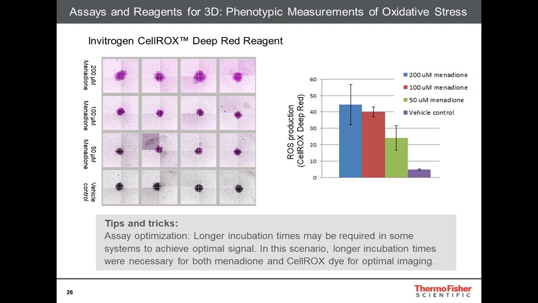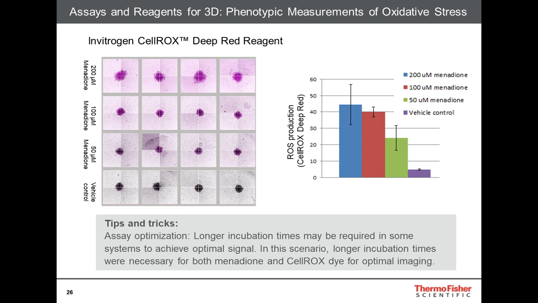And so a tip here to perform this experiment that actually is common in 3D models is that we may need longer incubation times to achieve optimal signal. And so here we needed to increase the incubation time for both the CellROX dye labeling to allow time for it to penetrate through this larger structure.